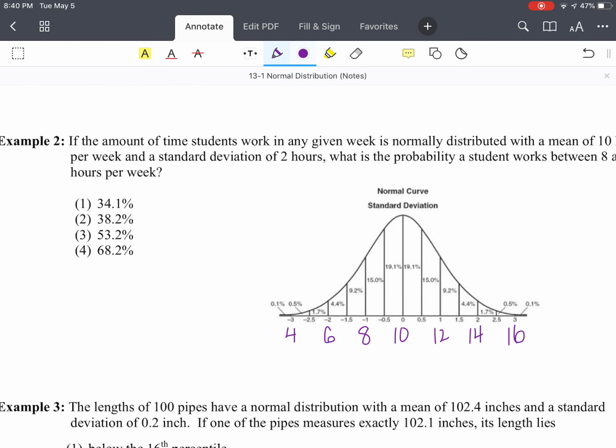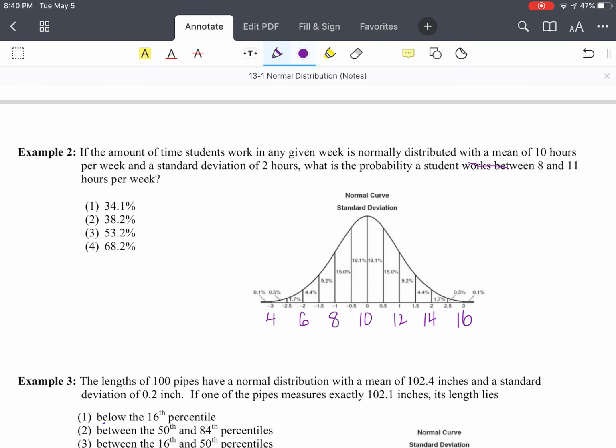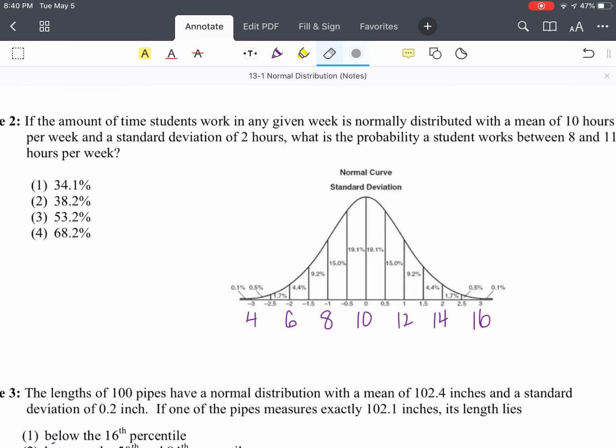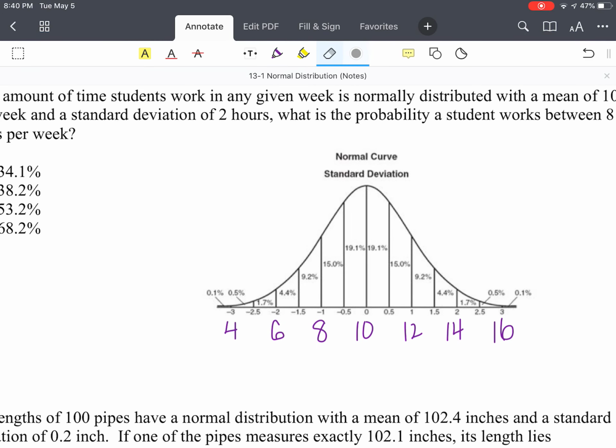Okay. What is the probability that a student works between 8 and 11 hours per week? Okay, so we have to put 11 in. 11 is going to go right between the 10 and the 2, so that's going to go right at the 0.5. So there's the 11. Let's highlight what we're talking about. We're talking about from 8 to 11. So we're talking about these percentages. They want probability.